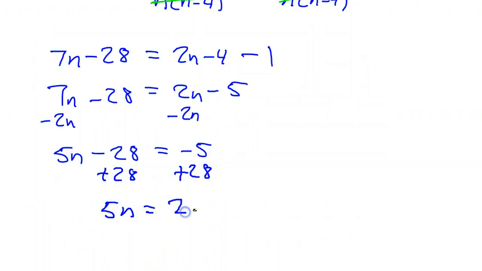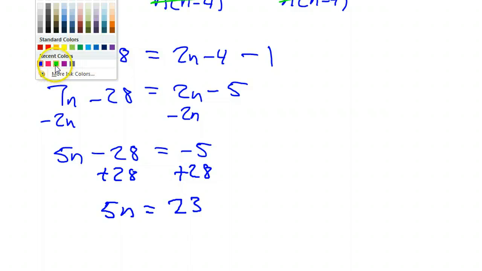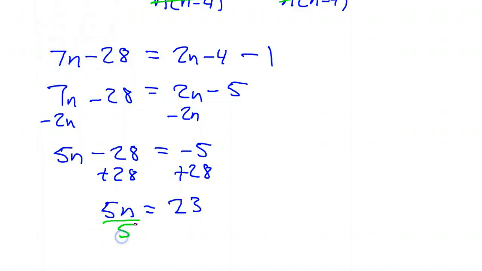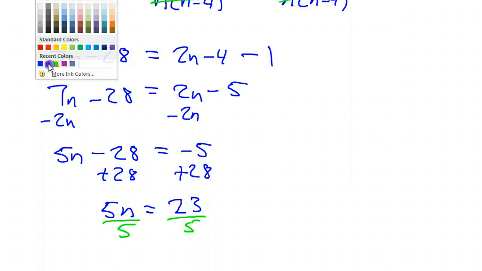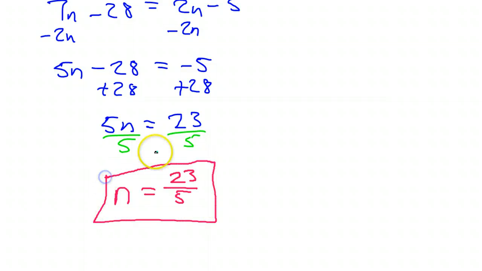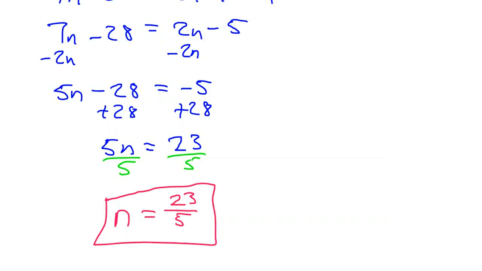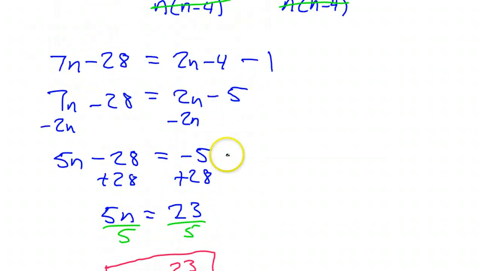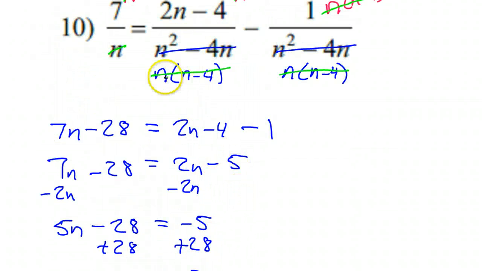All right, that is 23. And then we would divide both sides by 5. So n is equal to 23/5. Now let's go back and look at the excluded values.